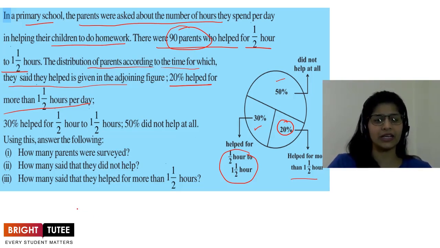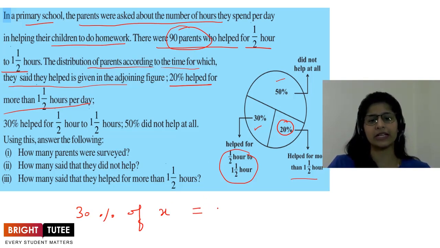We can write one thing definitely, that 30% of total parents, which we don't know, so let it be x, is equal to 90, as given in the question. It is said here that 30% are helping, and there it is said 90 parents, for the same time, half hour to 1.5 hours. So 30% and 90 are both the same thing.